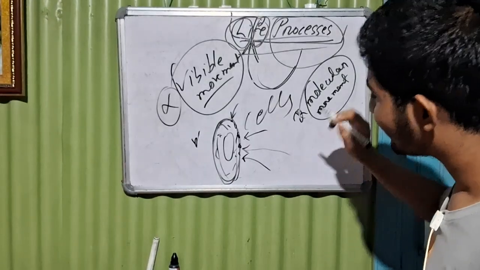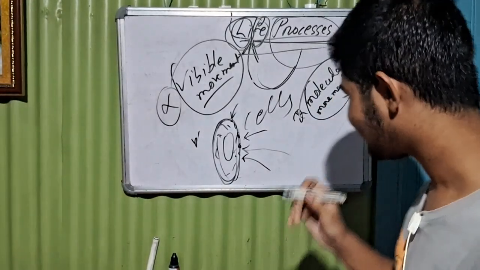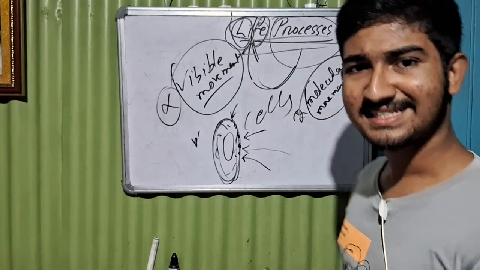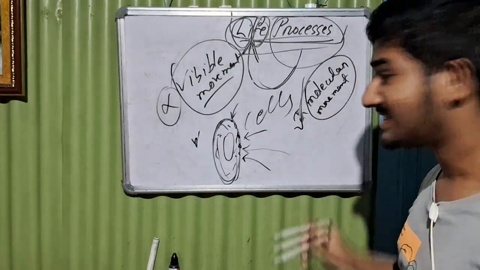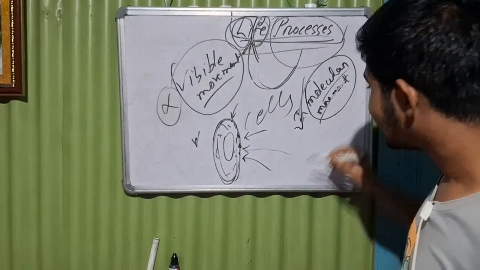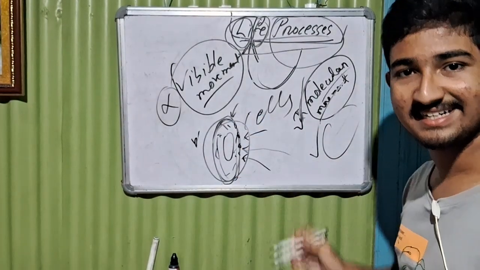So for calling anything a living organism, we need some criteria. First of all, we have gone through that they must have molecular movement. Secondly, they must have cellular structures, we have read in class 9.